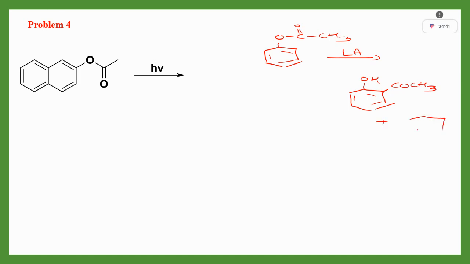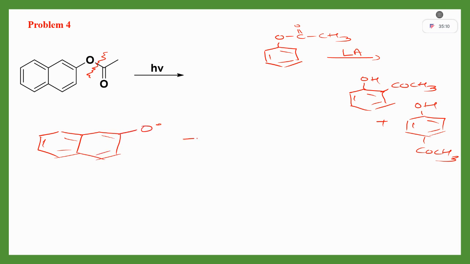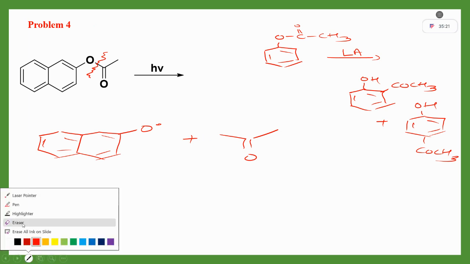One at ortho, right? And another is at para. But this is in your Lewis acidic condition. Here, you have to see that in hv condition, this bond is most prone to cleave. Yes or no? So it will form, basically here, wait, let me erase for you.